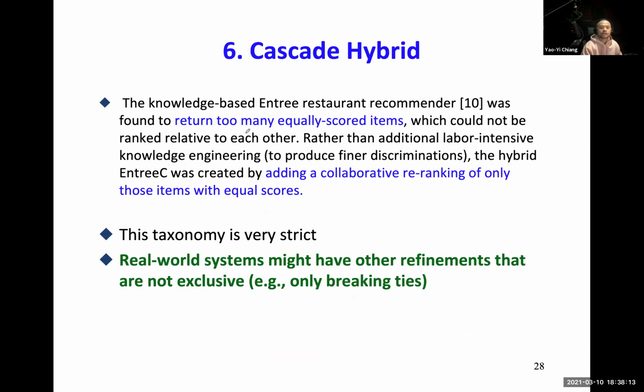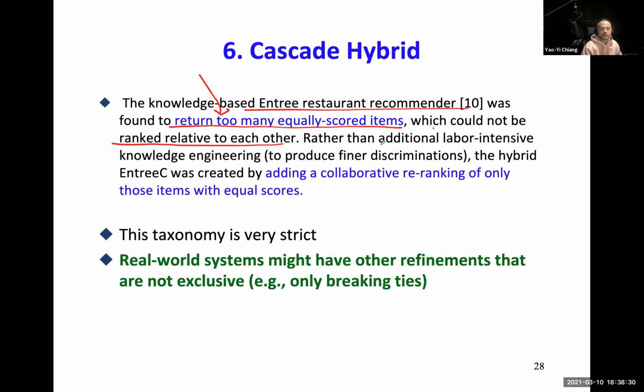For example, a restaurant recommendation system often returns many equally scored items, and they could not be ranked relative to each other. You don't want to return many options to the users, right?